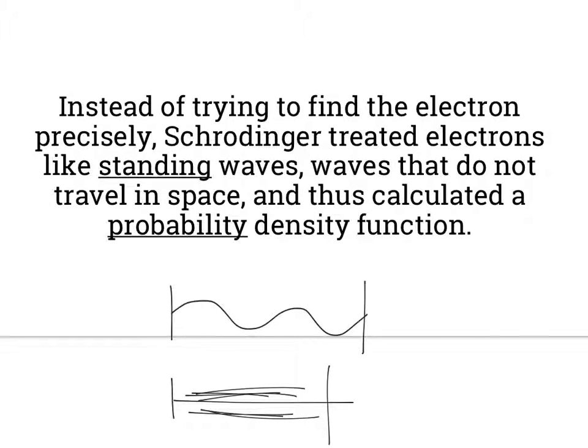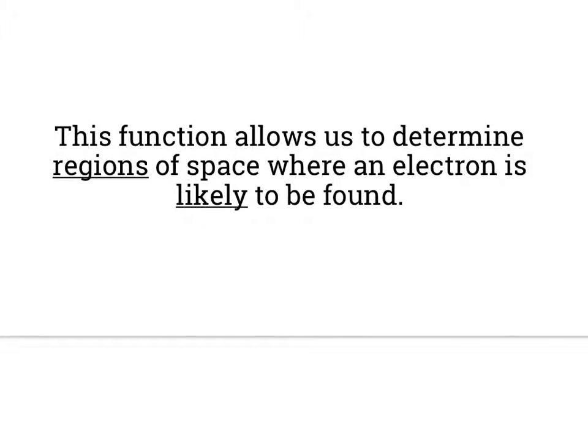So he then calculated a probability density function, meaning he calculated a cloud that factors in the density of the likelihood of finding an electron, meaning the more dots, the more likely it is to find an electron there. Okay? And again, focusing highly on probability. This function then allows us to determine actual areas of space where an electron is very likely to be found.